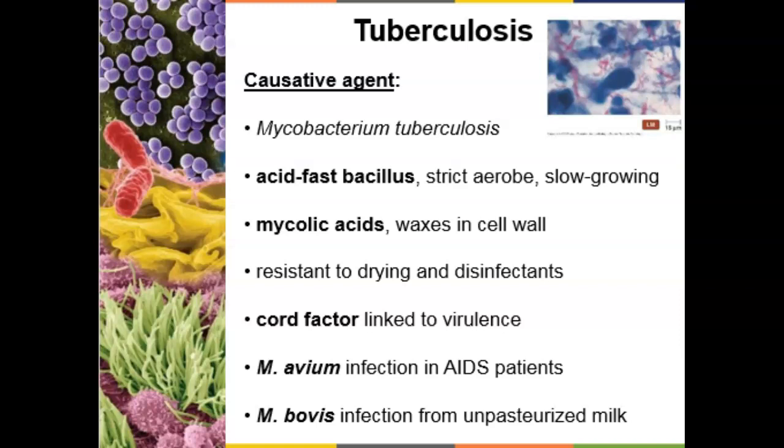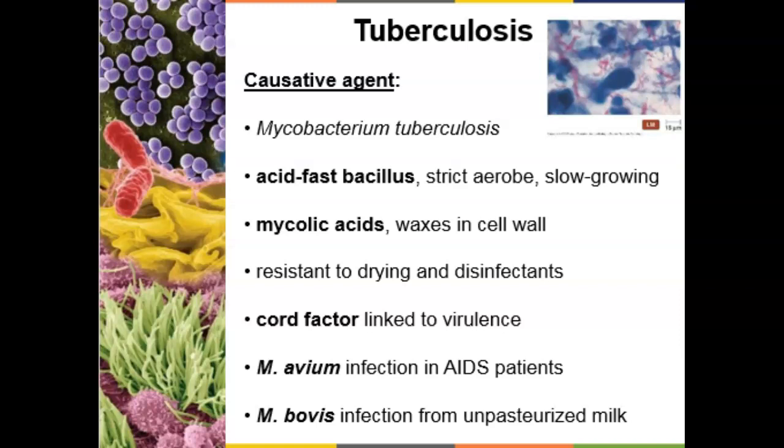Very, very rarely is Mycobacterium avium seen in an immunocompetent individual, whereas Mycobacterium tuberculosis can easily cause disease in AIDS patients, but it can also cause disease in what you might consider to be healthy patients. But often those healthy patients already have some sort of underlying health condition, whether it is immunosuppression because of some medication, or just had a very high infectious dose of the organism.